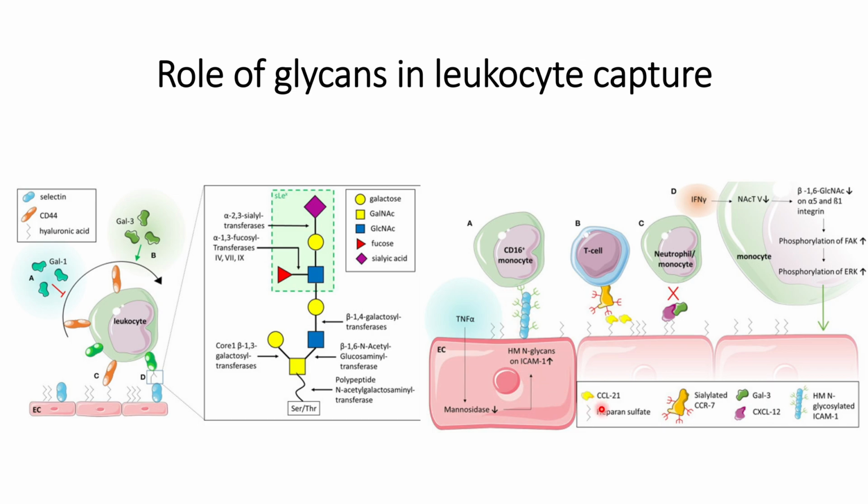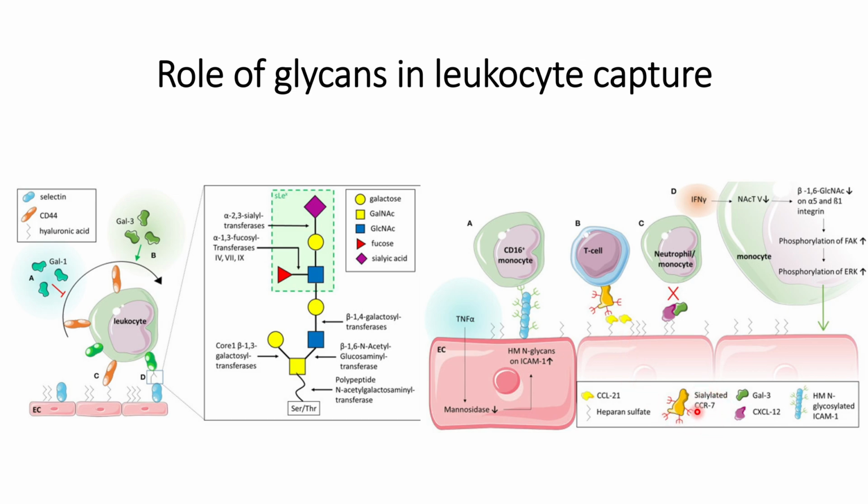In another case, when CCL21 interacts with the heparan sulfate shown here, it will promote T cell adhesion to the endothelial cells. These kinds of adhesions are required whenever there is a requirement of immune cells at a specific site. So these kinds of combinations might occur at the endothelial cells.